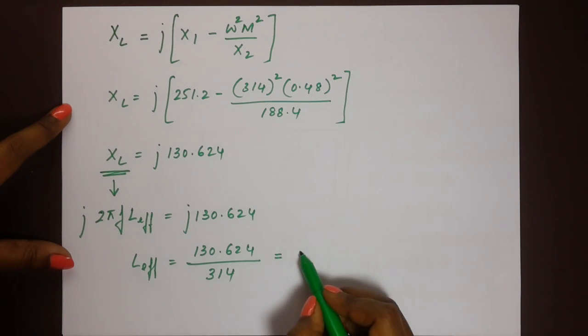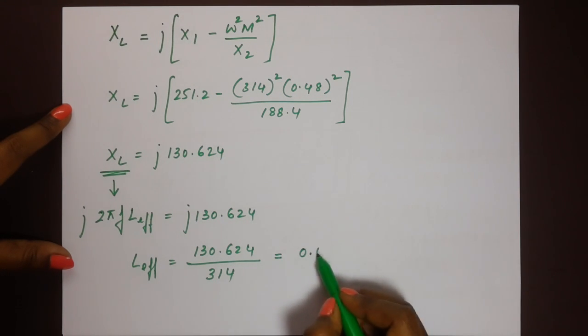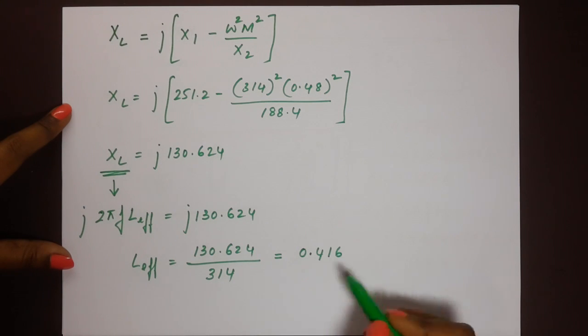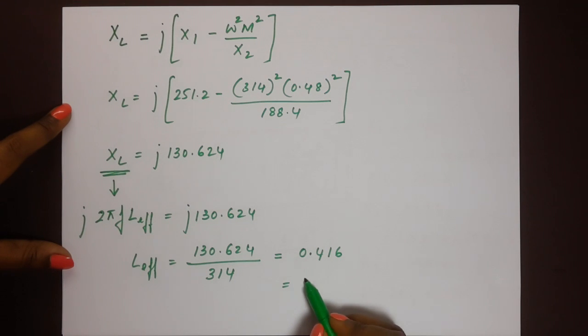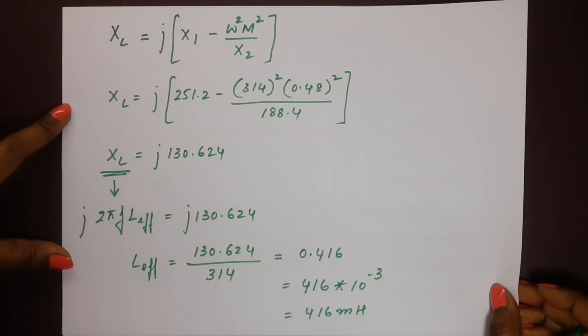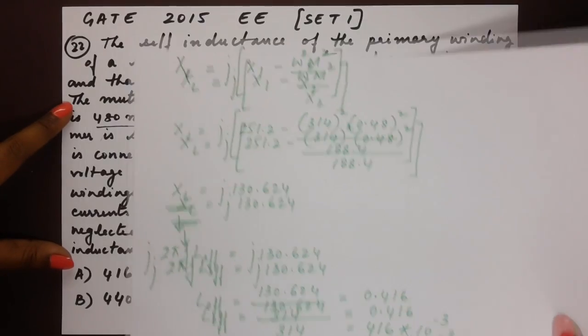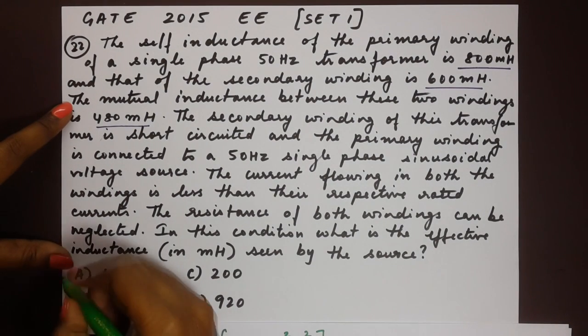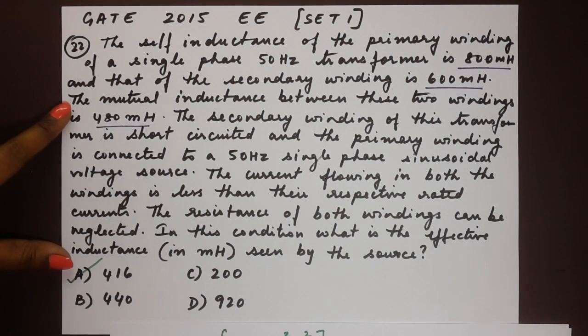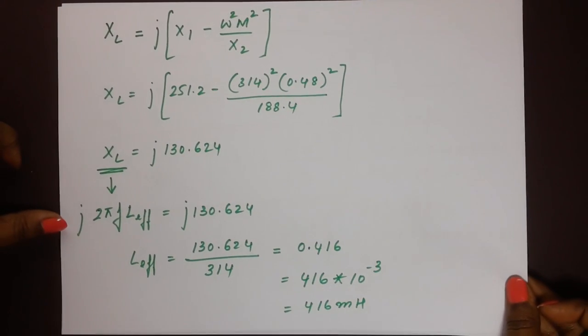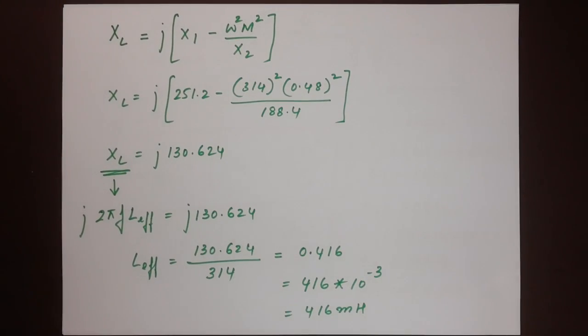So solving this, we get 0.416. And since the question asks in terms of millihenry, this would in turn be written as 416 into 10 power minus 3, which is 416 millihenry. And this matches, I believe it is option, yes, it's option A, 416. So this is the entire solution, and I hope it has helped.